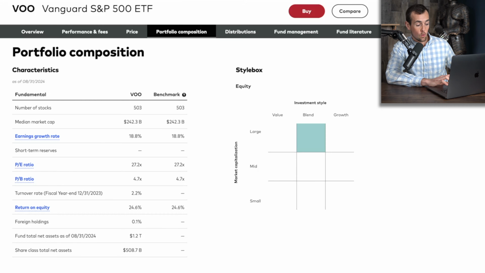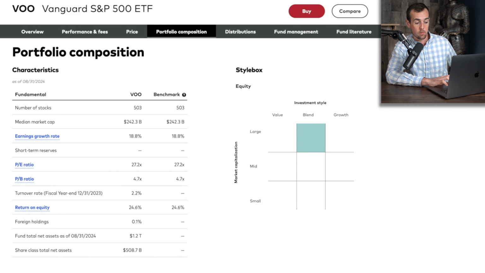Taking a look at the details over here, it mentions, for example, the total amount invested in this fund as of the end of August is 1.2 trillion, which is wild, just how much money is parked right here in VOO. And over here on the right, this style box is also helpful for understanding what you're actually investing in. At the top, it's going to show you whether you are making a value investment or growth here, which is where companies are trading more so based on their future earnings potential and growing at a faster rate than the average of the market.